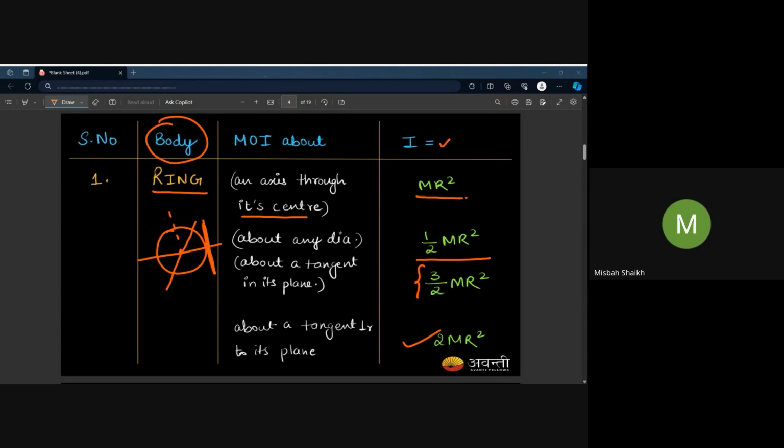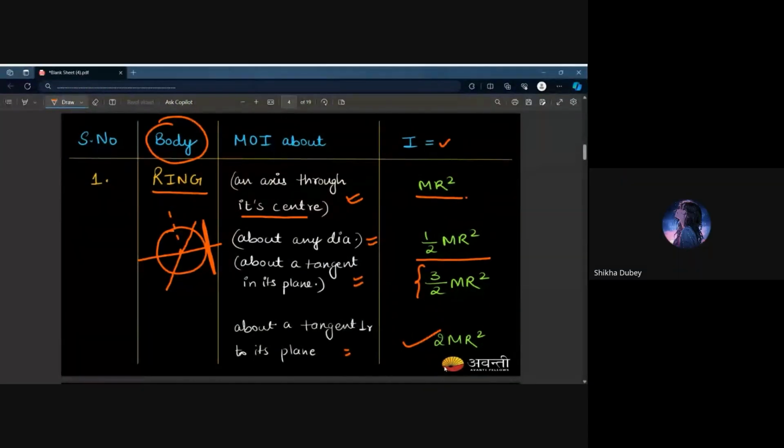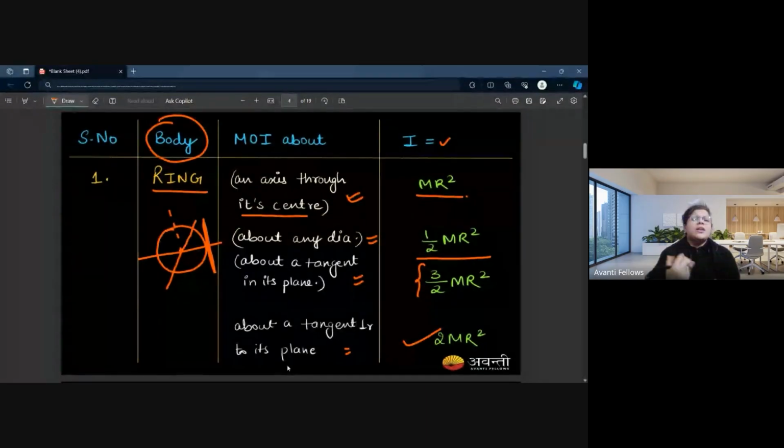So these are the positions of the axis of rotation in these cases. Do you get this axis, this one, and this one? And see, it is very logical also. If I'm saying that the moment of inertia about the center is going to be mr square, then just look at this case.